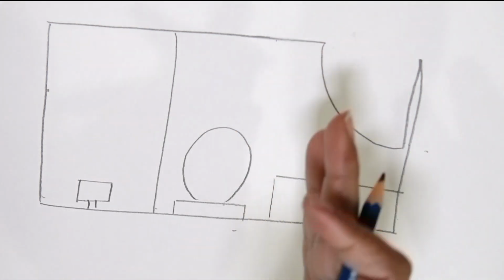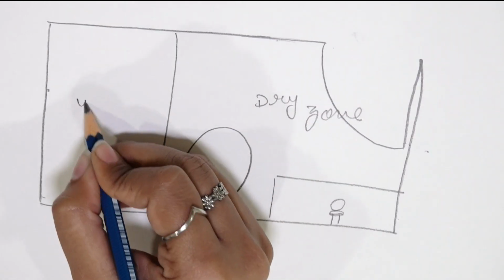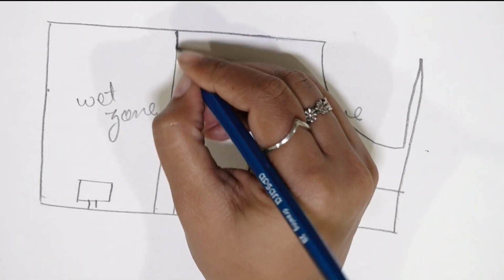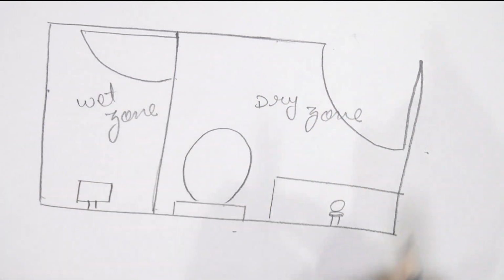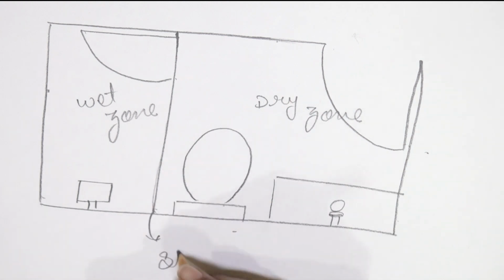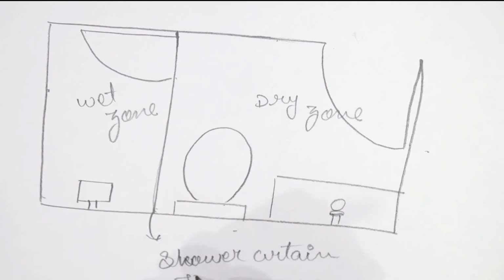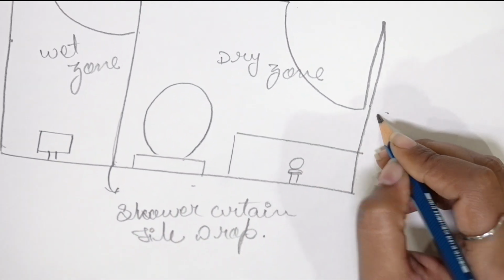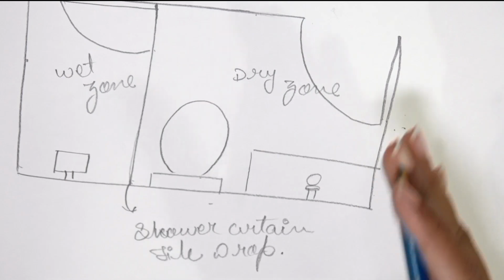So now, as you can see, the dry zone and the wet zone is completely bifurcated with a partition glass, or you can provide a shower curtain or a tile drop. So this is the appropriate planning you have to do all the time whenever you are designing a proper bathroom.